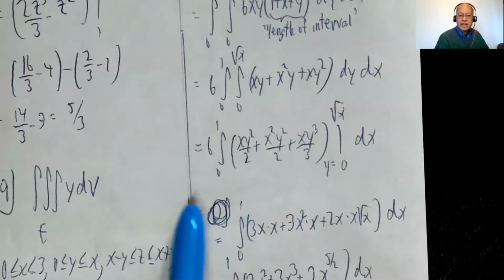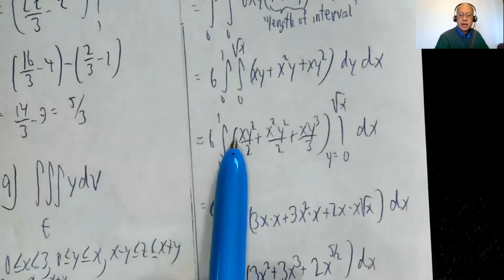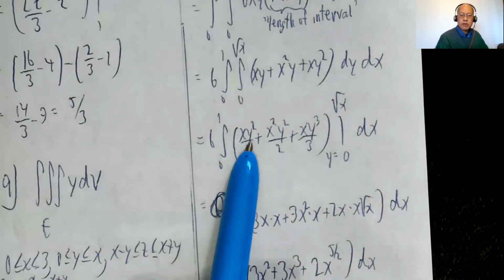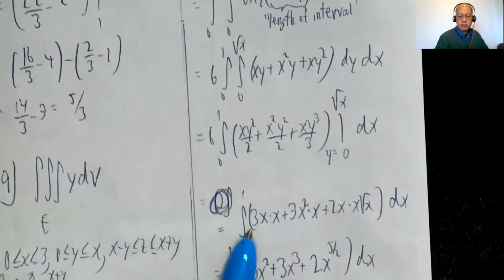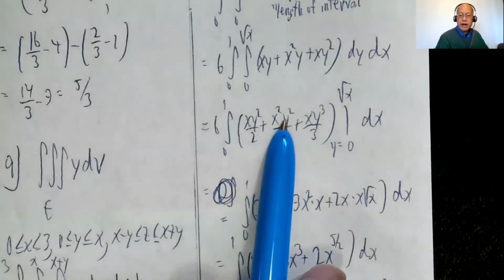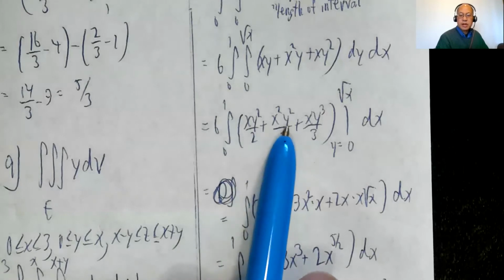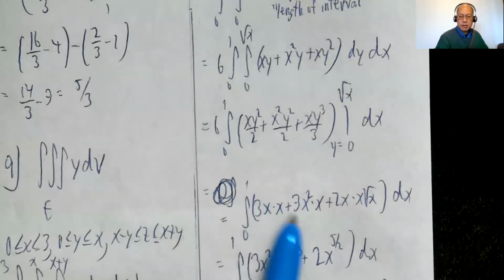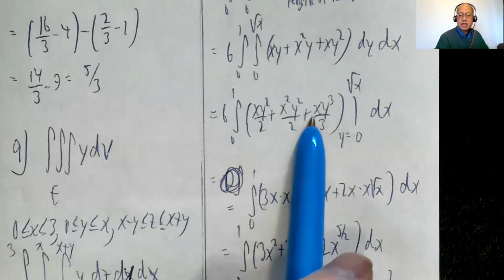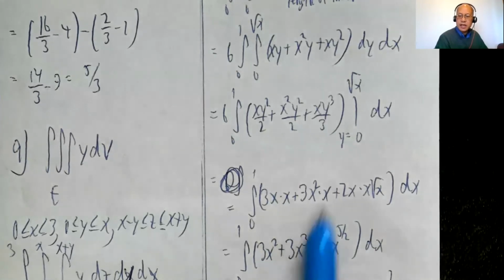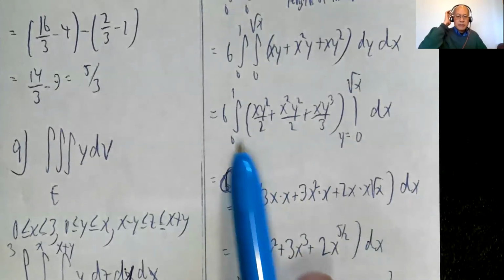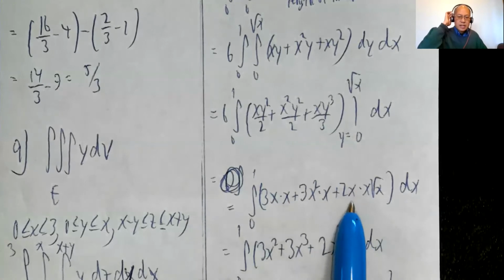Plug in radical x, you get x times radical x squared is x, and 6 divided by 2 is 3. Okay, plug in radical x here, you get x squared times x, and then 6 divided by 2 is 3. And this gives me radical x cubed, which is x radical x, times 6 divided by 3 is 2x.